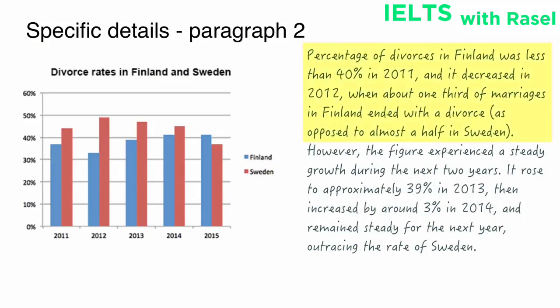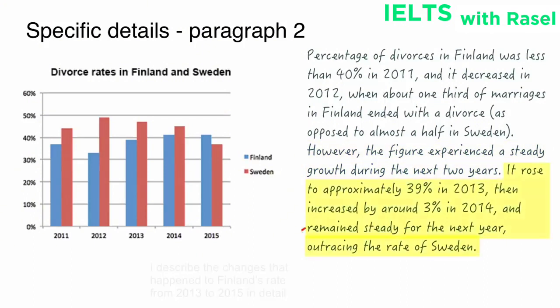So in the first sentence, I described Finland's rate in 2011 and 2012, when it was decreasing. Then from 2013, Finland's rate changes in the opposite direction. It starts increasing. So I start the next sentence with the word however, and say, however, the rate experienced a steady growth during the next 2 years.